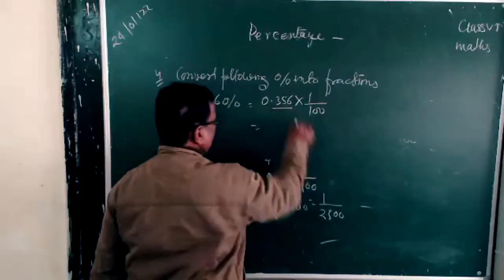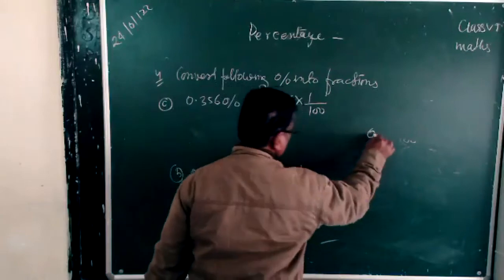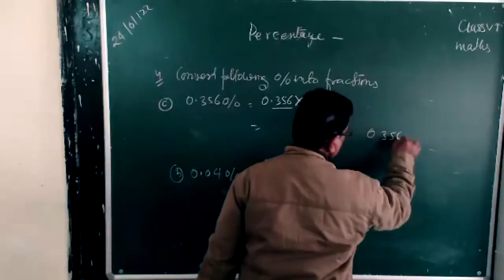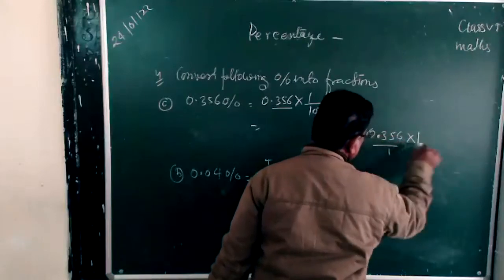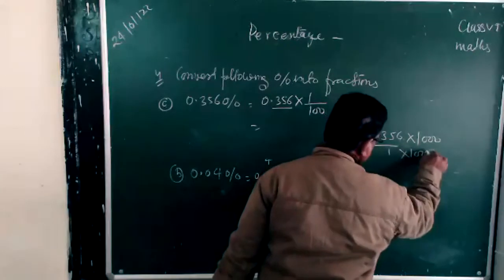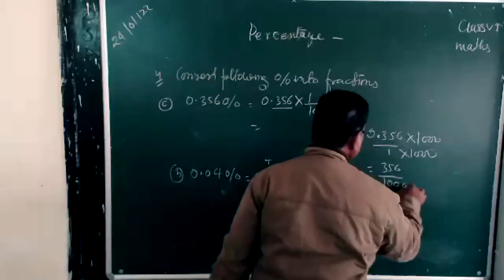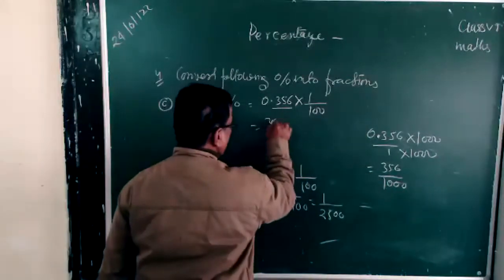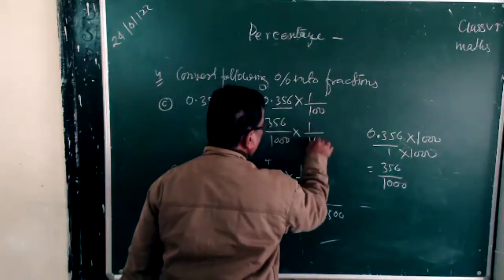Remove this decimal by multiplying by 1000 up and down, so 356 by 1000 into 1 by 100.